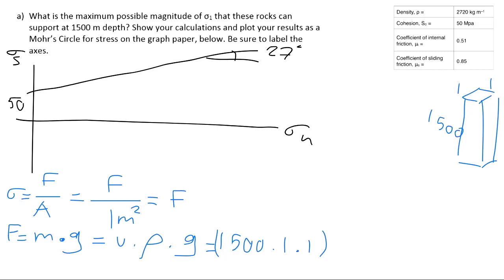So if you multiply this with the density, you're going to calculate the weight or the mass. So we know this 1500. Here the volume is square meter, right? Square meter multiplied by another meter is going to be cubic meter.